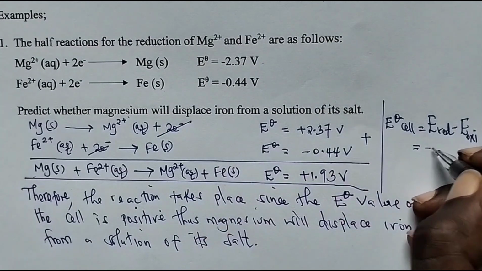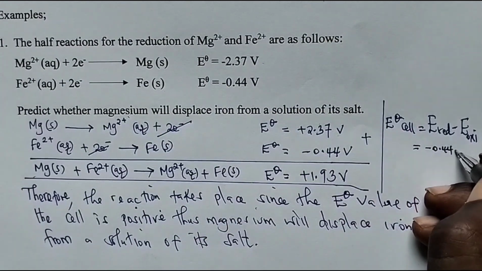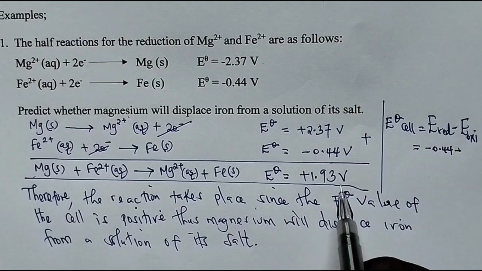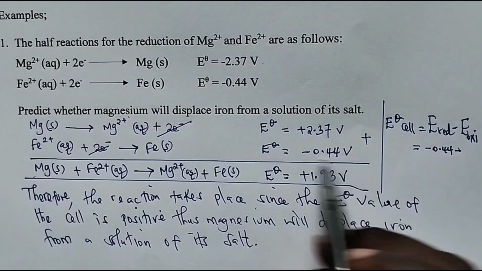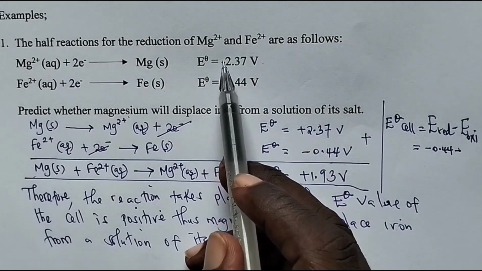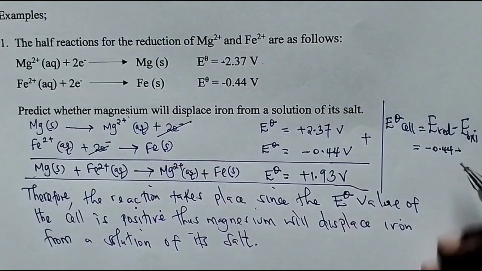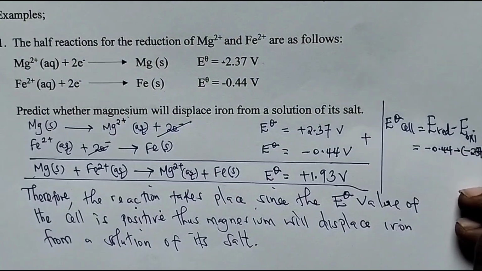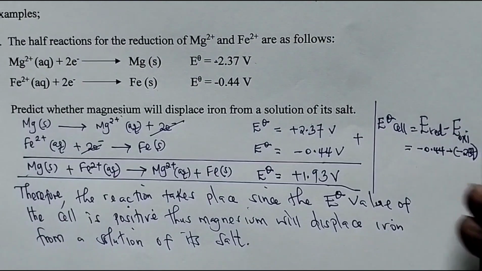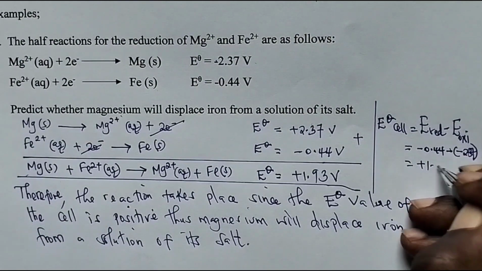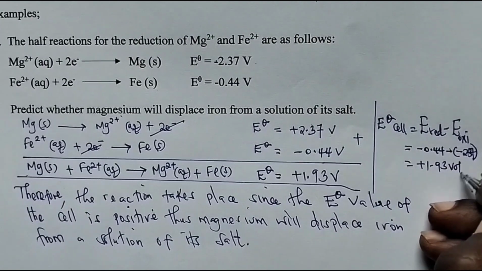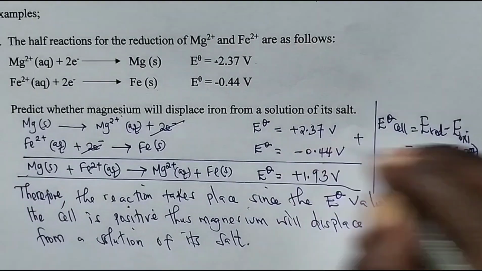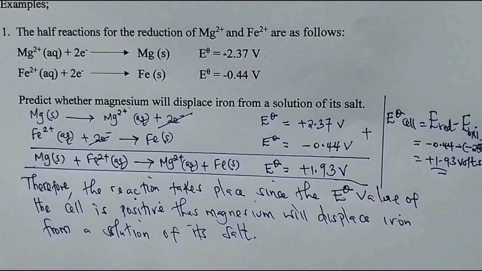So iron here has negative 0.44, minus the one that undergoes oxidation, the reducing agent, the most reactive metal, the one that displaces: minus 2.37 volts. If you add these values, still you get positive 1.93 volts. So you can use any of these two formulas.